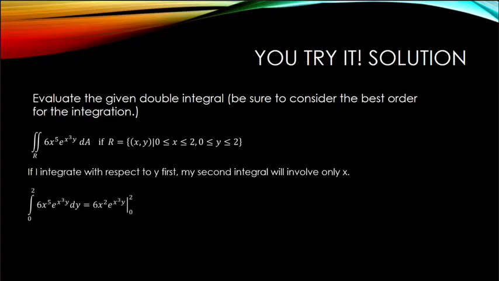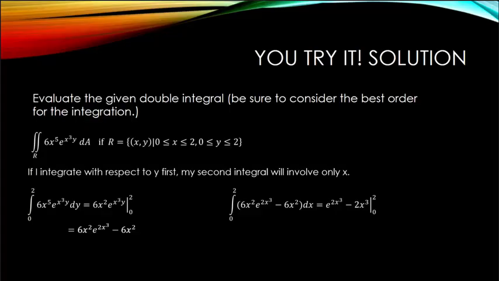So I'm going to compute the integral from 0 to 2 of 6x to the fifth e to the x cubed y power dy, which gives me 6x squared e to the x cubed y evaluated from 0 to 2. I plug in those values and I get 6x squared e to the 2x cubed minus 6x squared. Now I can plug this into my integral and integrate with respect to x.